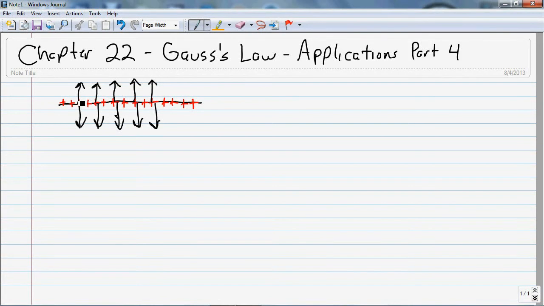And I'm going to draw a circle with a dot in it to say that the electric field's coming straight out at you. So it's equal.